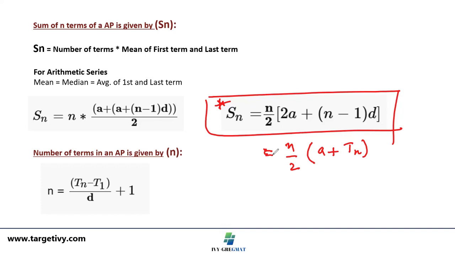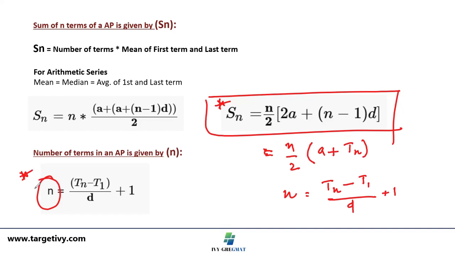Having said that, a definite question can be, if I want to know the number of terms in an AP, the n of the AP, it is fairly simple: nth term minus t1, the first term, divided by the difference, plus 1. Again, one of the very handy formulas.